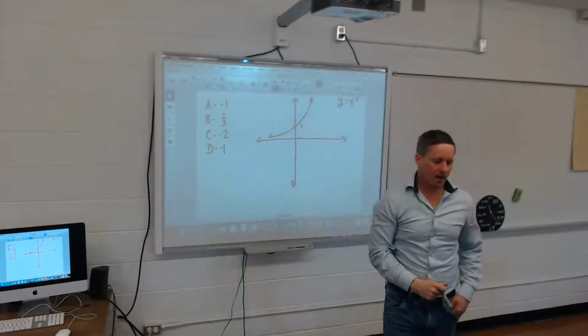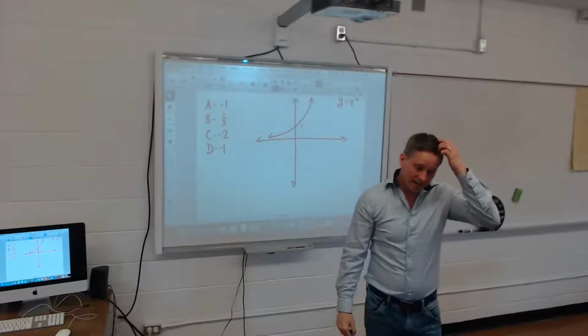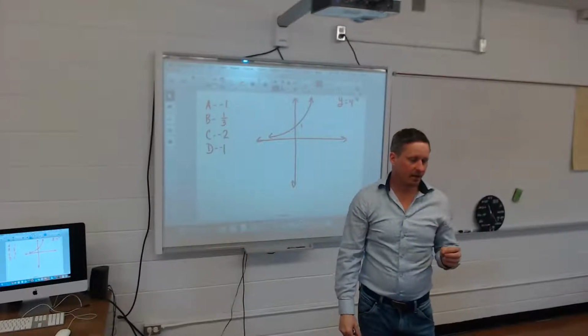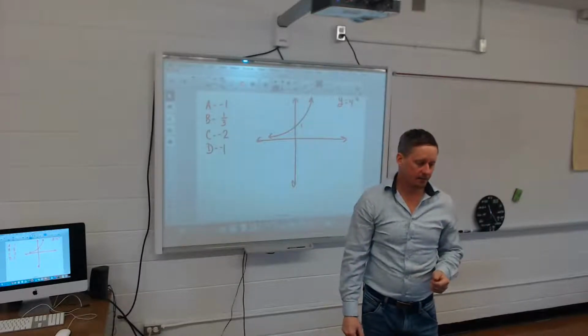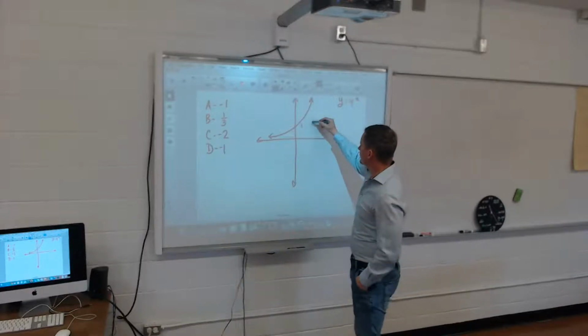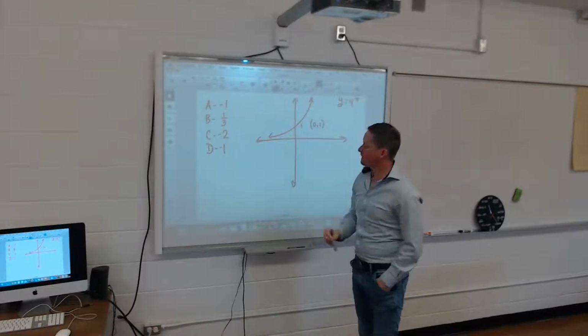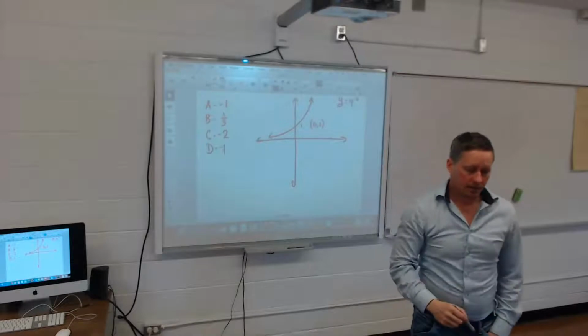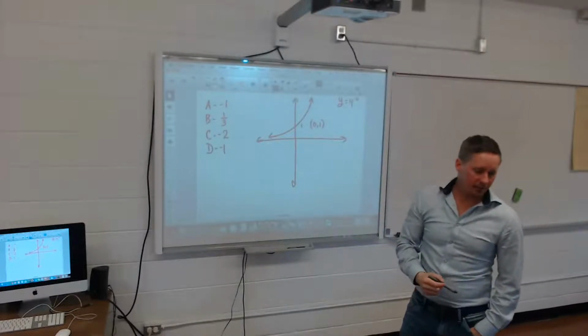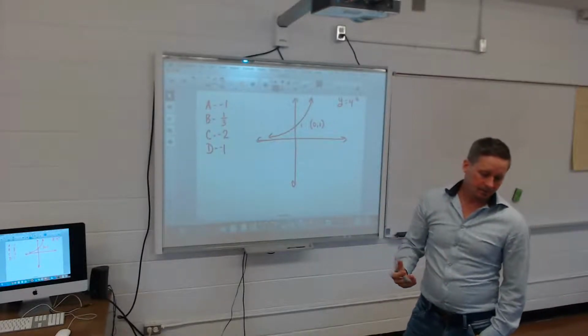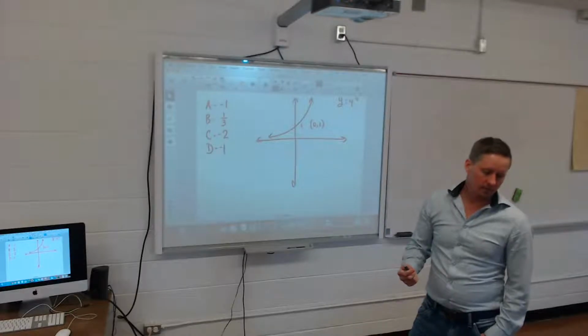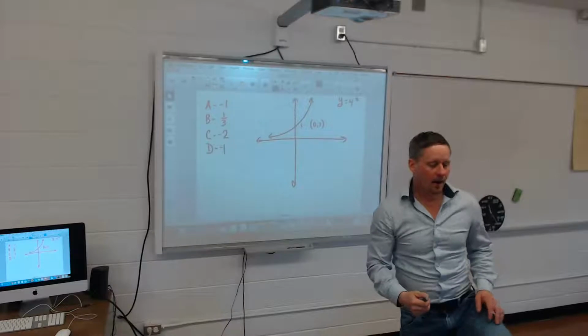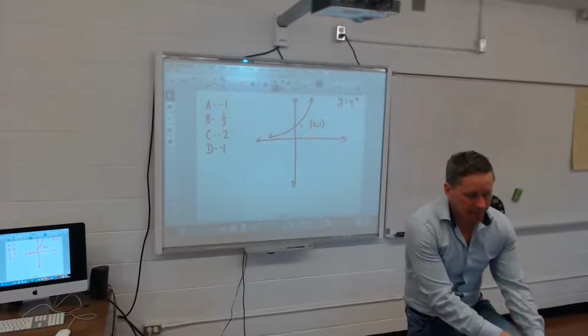Okay, so now my focus is going to be on just that 0, 1 for a second. I'm going to look at this coordinate right here. Now, what does my A do to the graph? Multiplies the y values by negative. Yeah. It flips it over the x-axis.